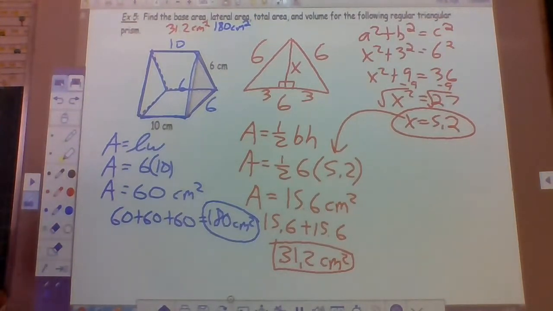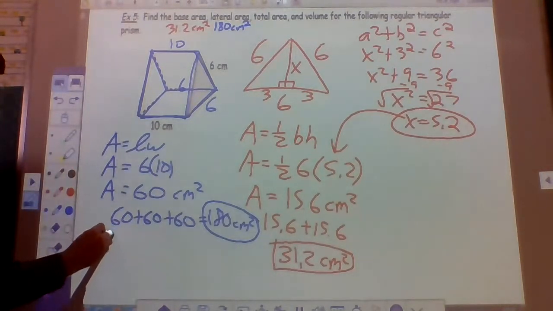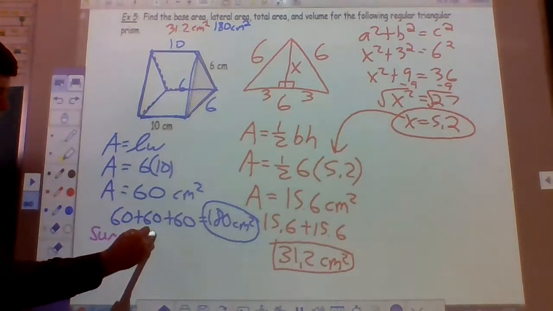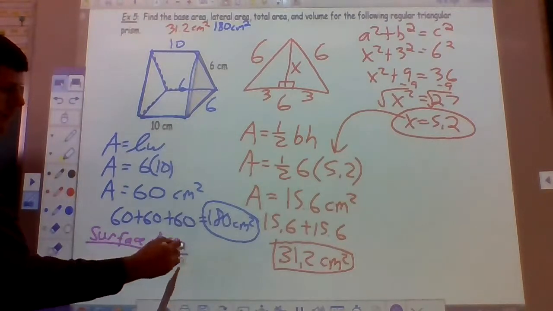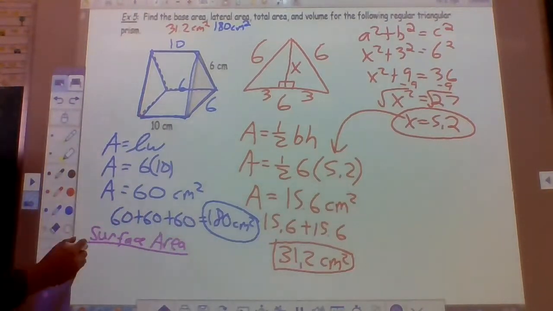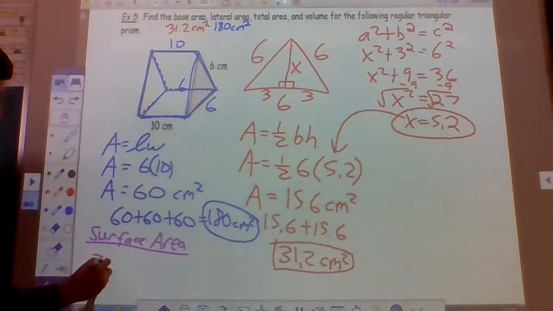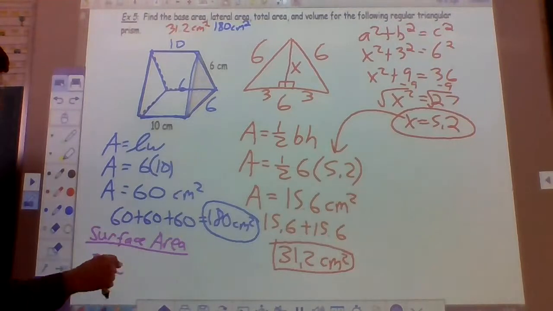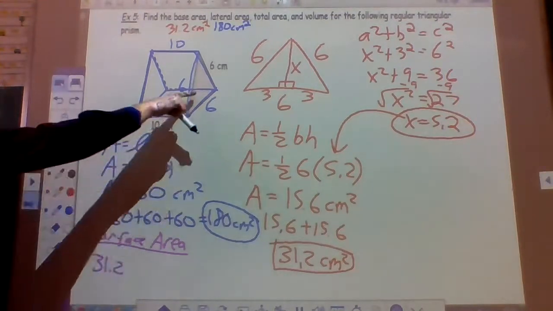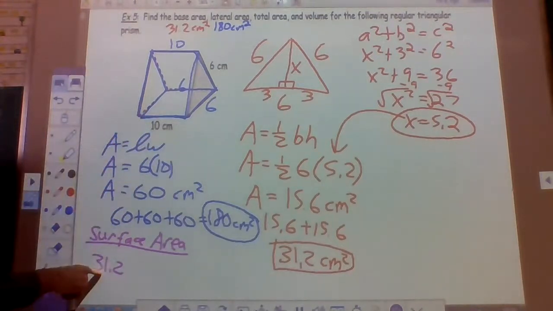So the total area, or surface area, is then going to be your base area, so your 2 bases, 15.6 plus 15.6, which is 31.2.